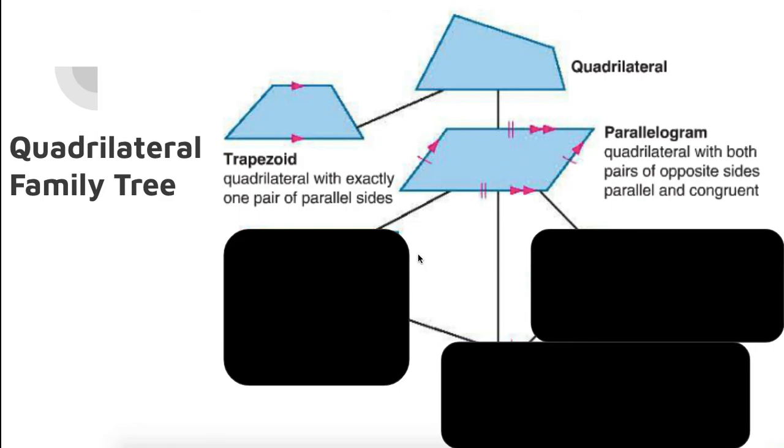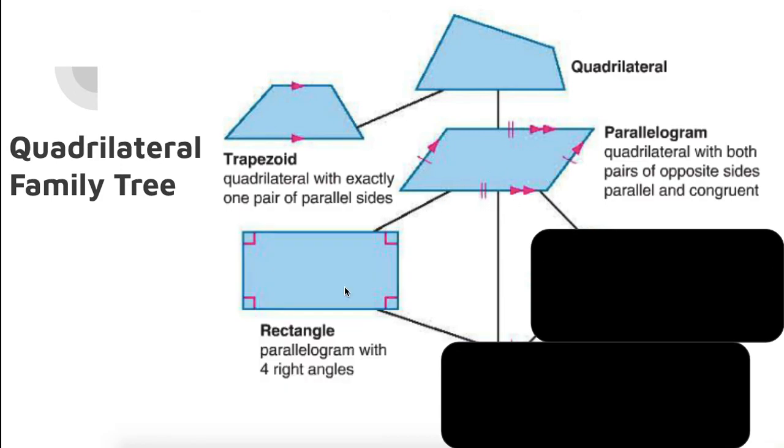Okay, and then we can break a parallelogram down to more specific names. So our first one is the rectangle. A rectangle is a parallelogram, meaning its opposite sides are both parallel and congruent. So these sides are both parallel and congruent. These sides are both parallel and congruent. But what makes it a rectangle is its four right angles.